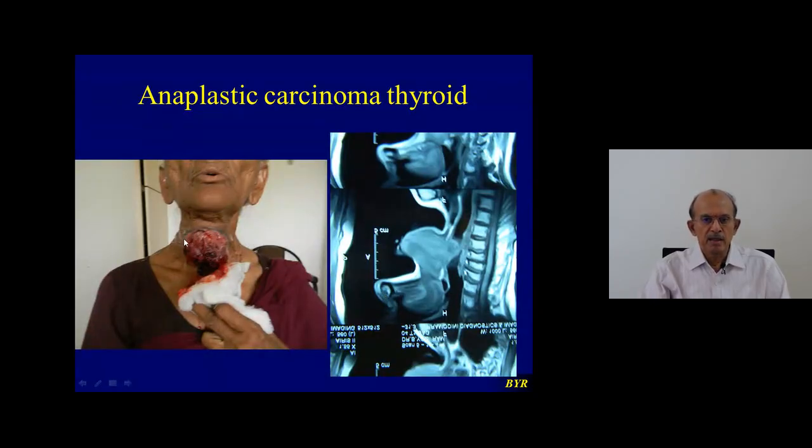It has infiltrated the strap muscles, then the platysma and the skin, and it has ulcerated and is profusely bleeding. All the history was only 3 months duration. The gland was infiltrating the trachea also. You can see here, this has infiltrated the trachea.